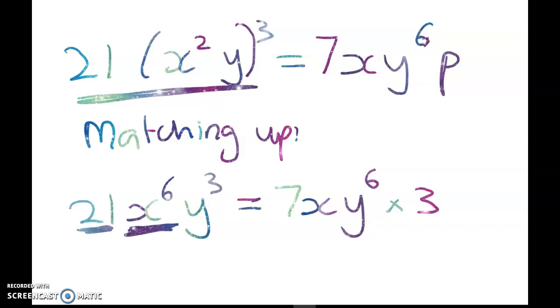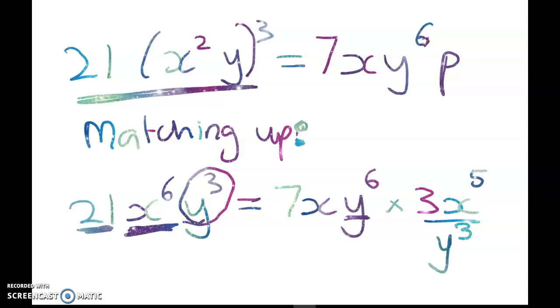I need to have x to the power of 6 here, so it's going to be x to the power of 5. And this is the tricky bit, I need to have y cubed. I've got y to the power of 6, so it's got to be y cubed like that, down there. Okay, and so that, if you've explained what you're doing and you've said, I'm just going to try and match everything up, and you haven't explicitly done the division, I think that would be fine too.